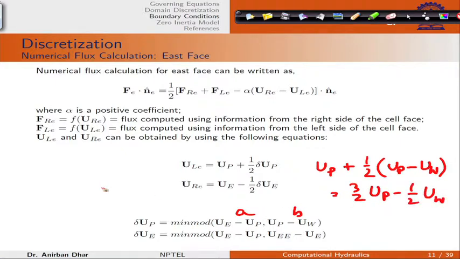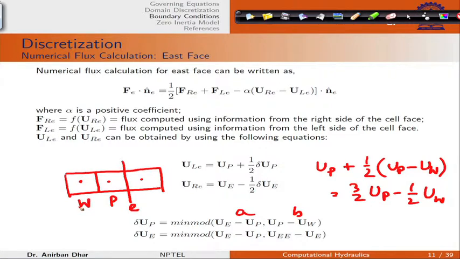So, what is this? Physically it means that if this is my interface east, this is the P cell and this is cell W, whatever information is coming is from the left side.